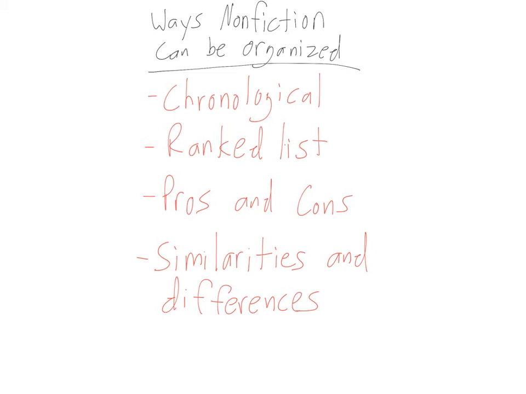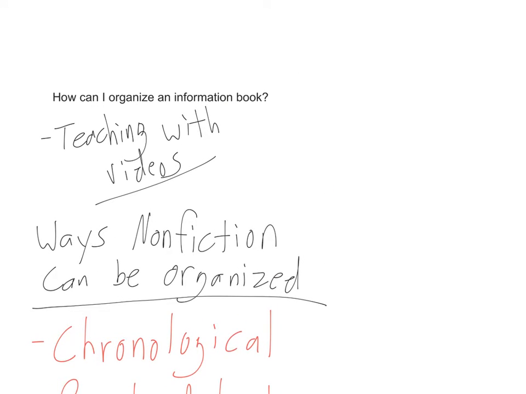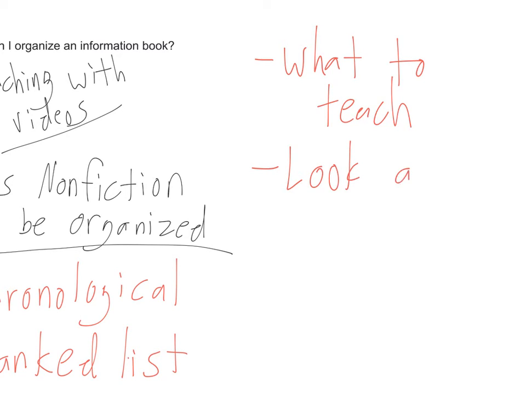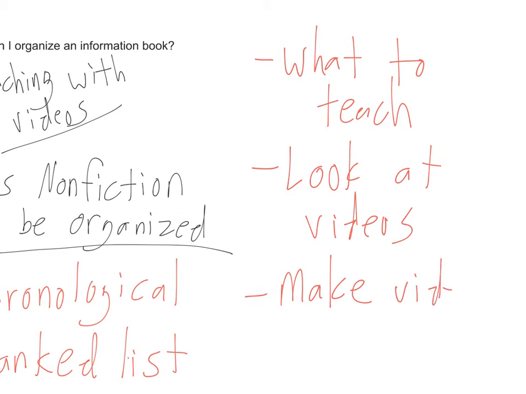So say I do chronological with my topic, and again, my topic was teaching with videos. So for chronological, the table of contents might be like, okay, first you need to figure out what you're going to teach, and then you're going to want to look at videos, and then you'll want to make videos, and then maybe you'll get those videos to kids.